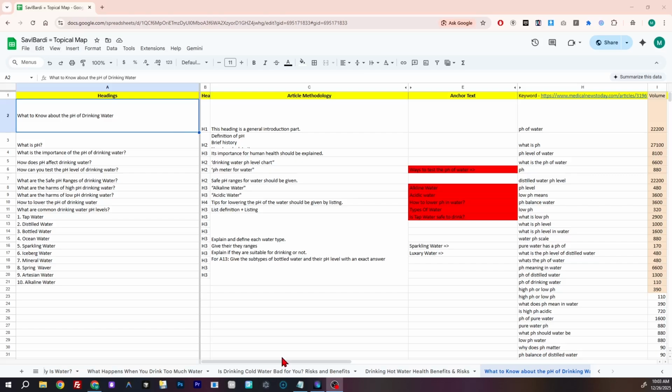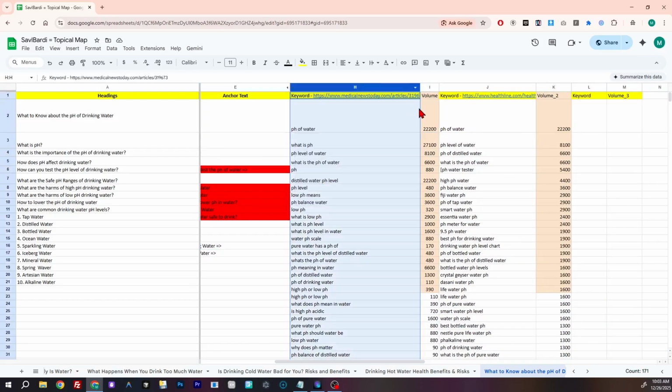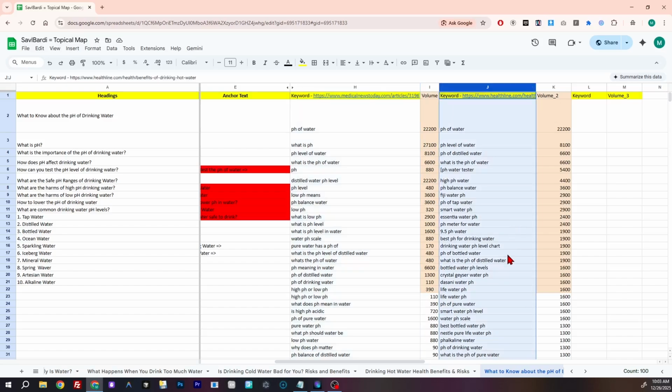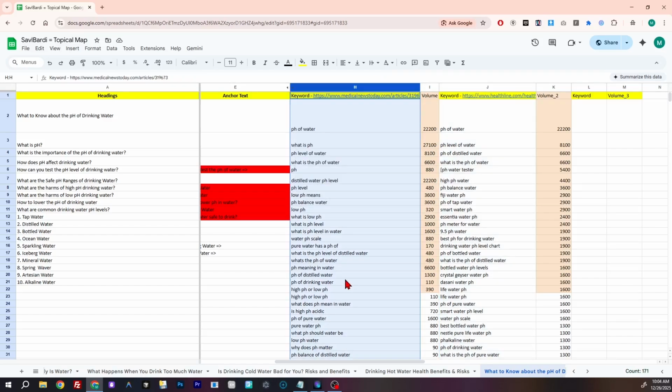at the same time. Here you see we have two web pages. One is outranking as a web page and the other is Healthline, that we are trying to classify with this specific source. One important thing: if you choose a web page that just ranks because of its page rank, you choose the wrong example.